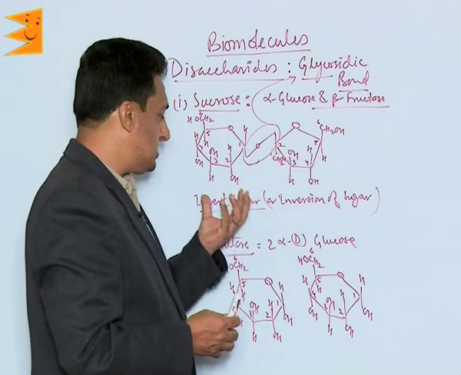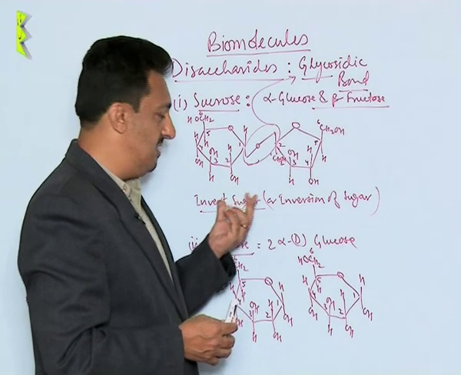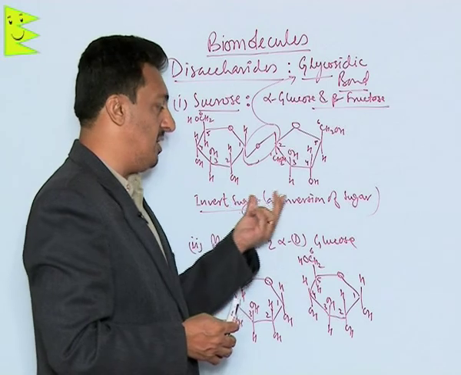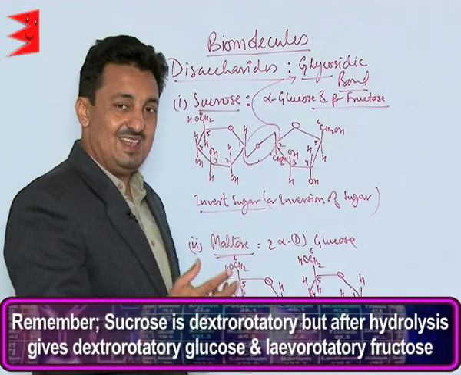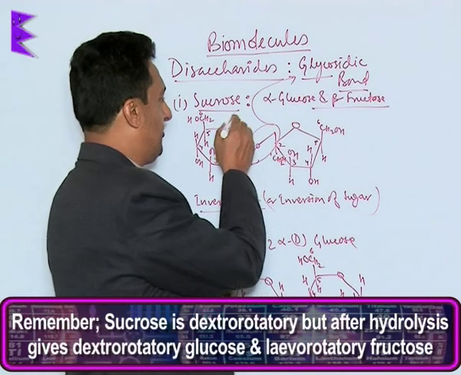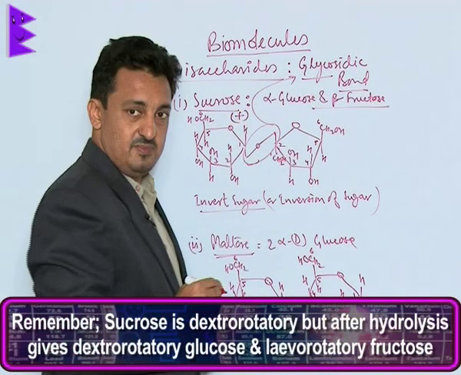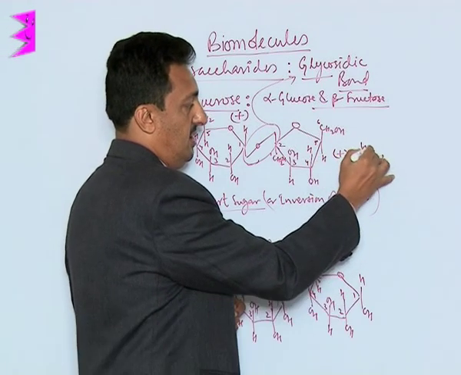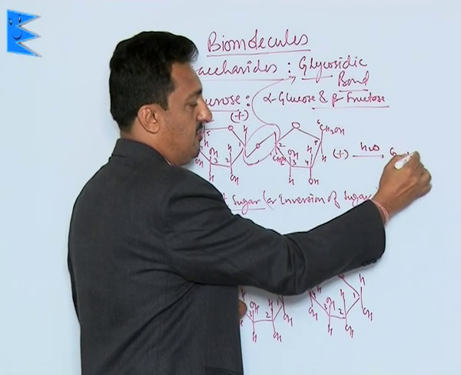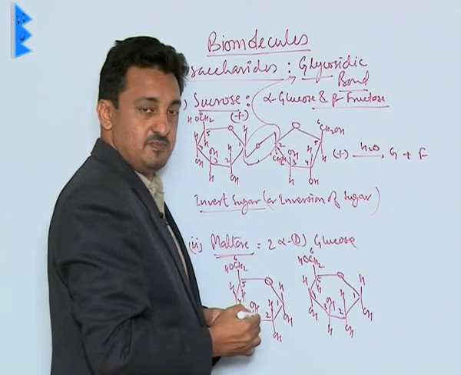Now for sucrose, we have an important term related to it, called invert sugar or inversion of sugar. Sucrose, remember, is dextrorotatory. So sucrose as such is plus. When added to water, on hydrolysis it gives glucose and fructose.